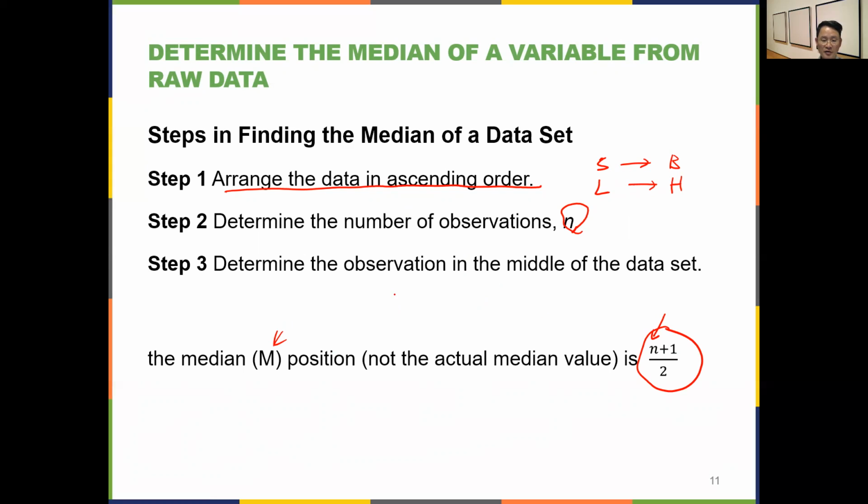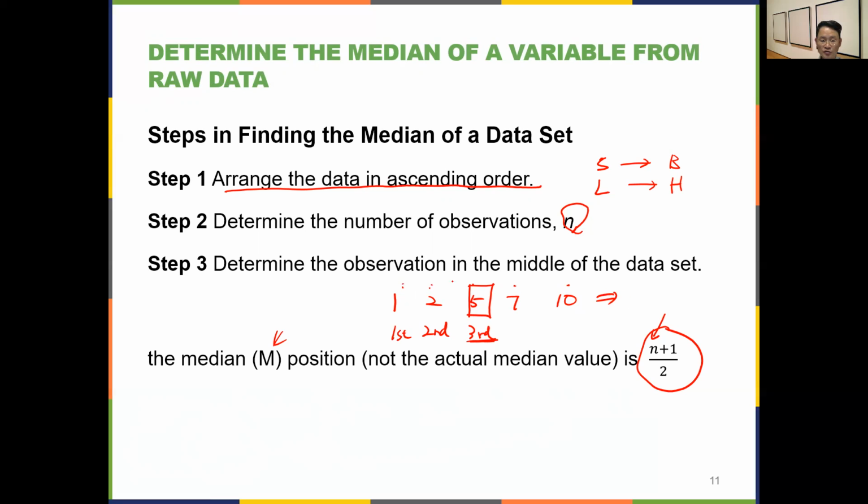For example, if you have 1, 2, 5, 7, 10, you have 1, 2, 3, 4, 5 different data points. Where's the median? This is the median. This is the third one: the first, the second, the third data point. What was the sample size, if this is a sample?